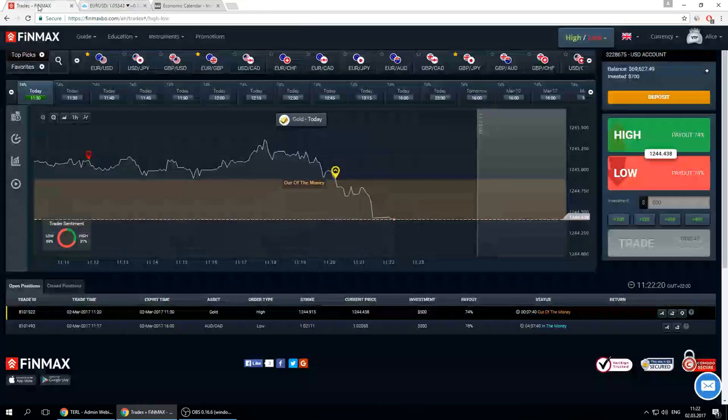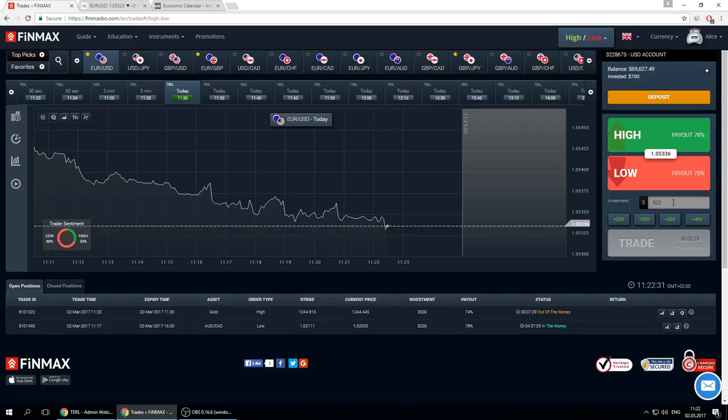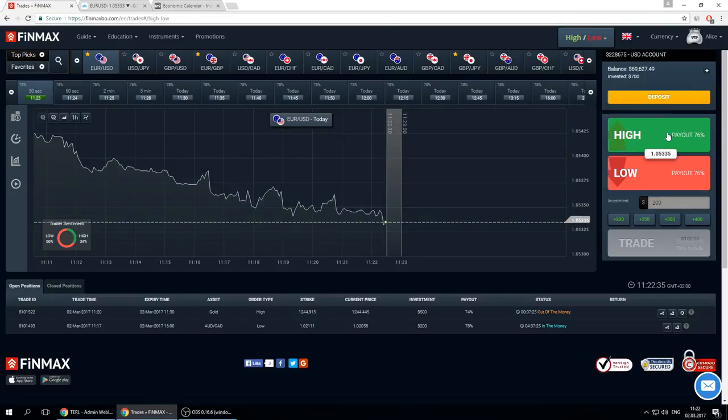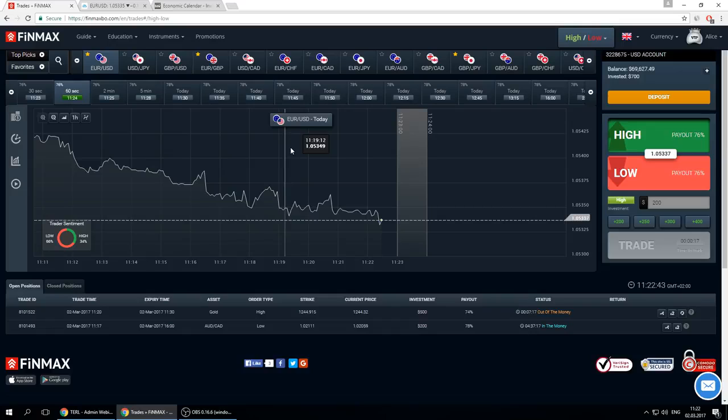Let's open for 1 minute for up in gold. So the next step will be this one for Euro USD. 1 minute. We have available like 30 seconds. But you need to be extremely fast to get into that time frame.